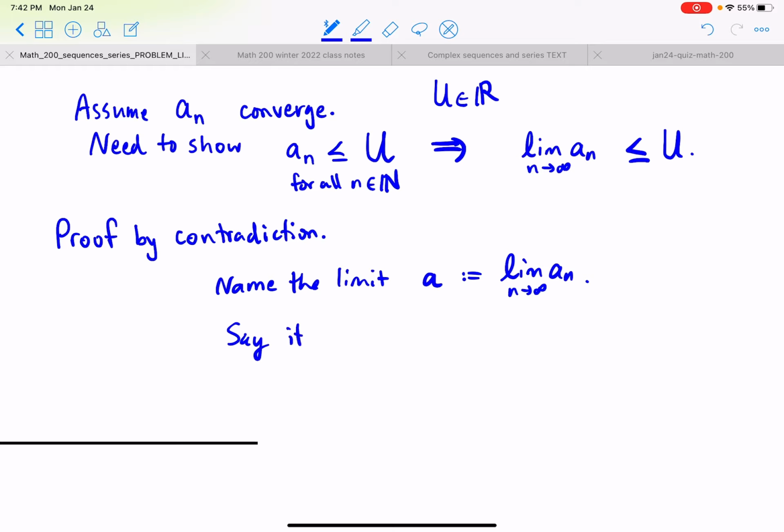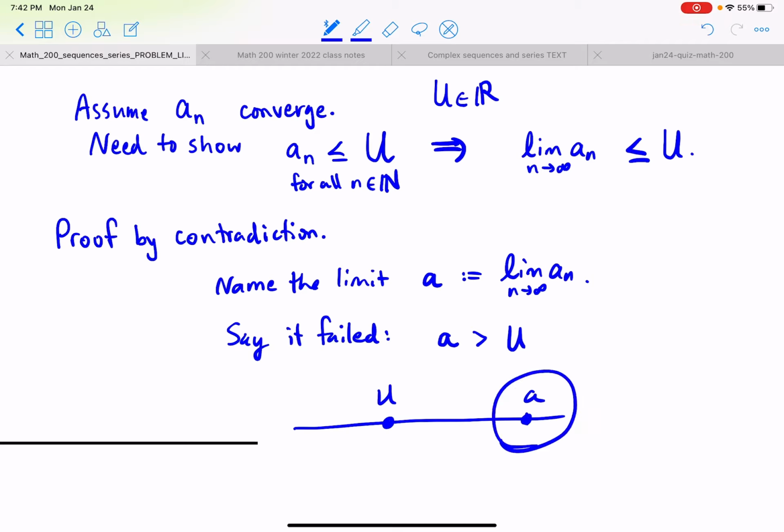Say it failed. What does that mean? Say that a was greater than u, right? That's the opposite of being less than or equal to. Okay, so here's a, and here's u. Okay, clearly a is greater than u. Now I have a picture to help me.